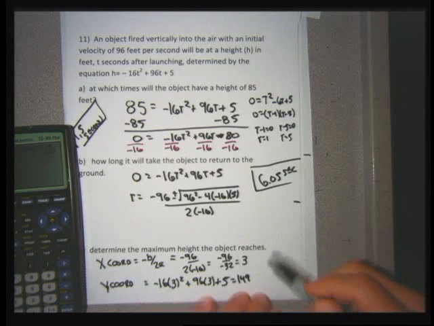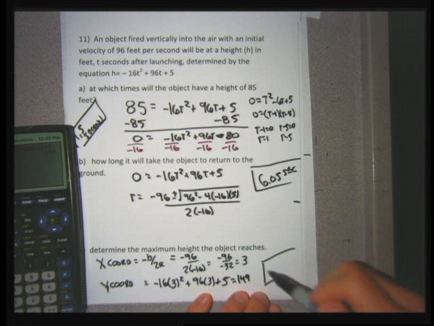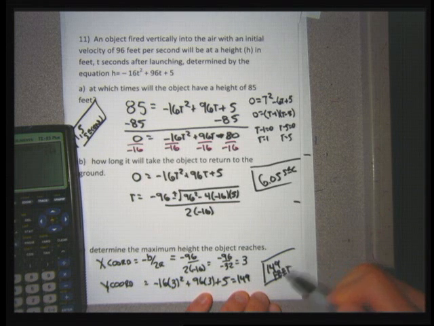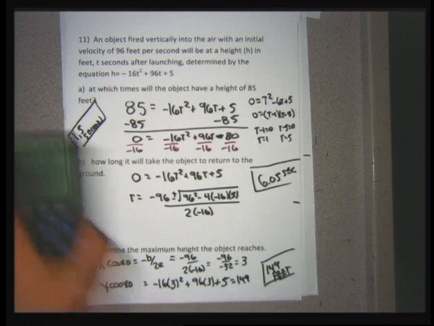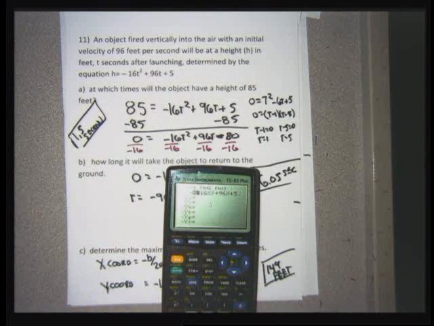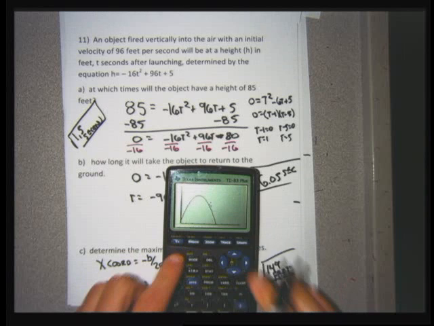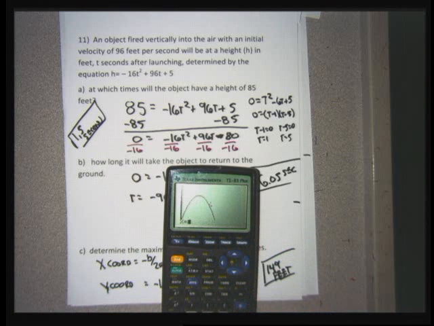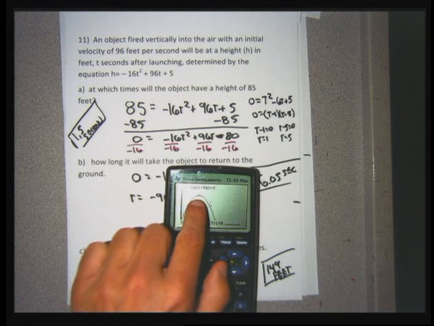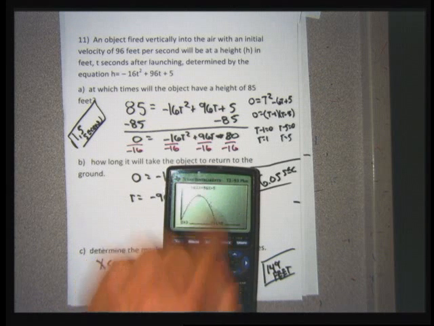So it says at 3 seconds the ball gets its maximum height of 149 feet. Because this is only asking for the maximum height, I'm only giving the 149. I could show it on the graph by hitting the graph button and doing second calc value, typing 3, and that shows me at 3 seconds the object is at its maximum height of 149 feet.